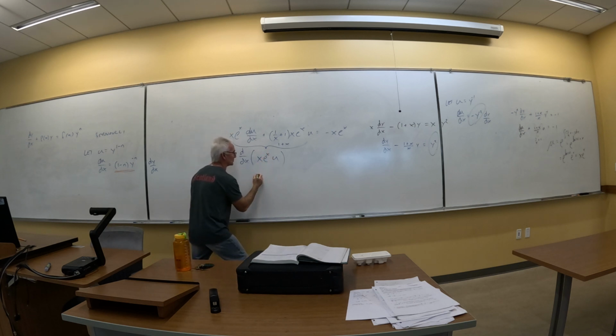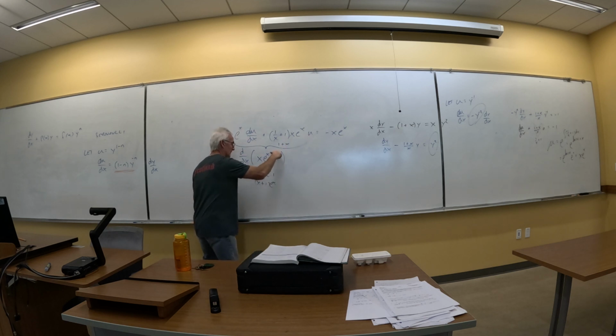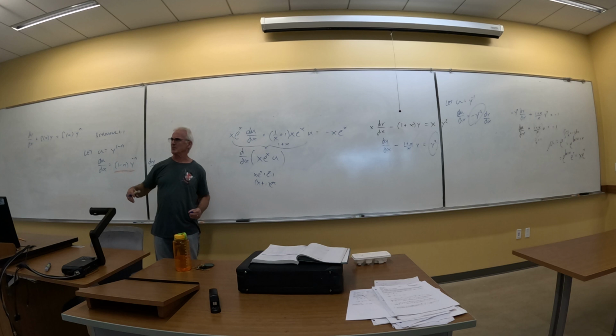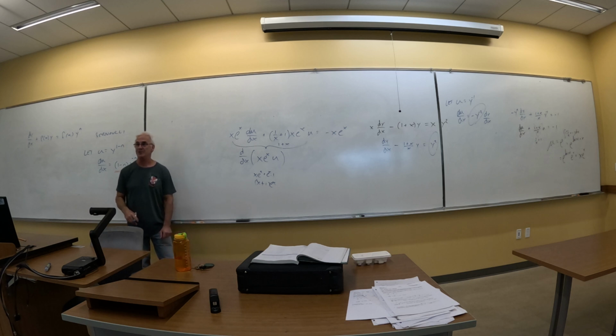Derivative of first would be x e to the x plus e to the x times 1, which would be x plus 1 times e to the x. So did I do it right? Yes. Whew. That's not really rejoicing celebration, that's more like, good, I didn't screw it up. That's the left side. Without fail, I always do that check.